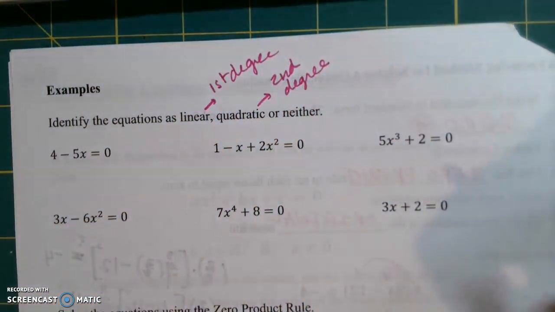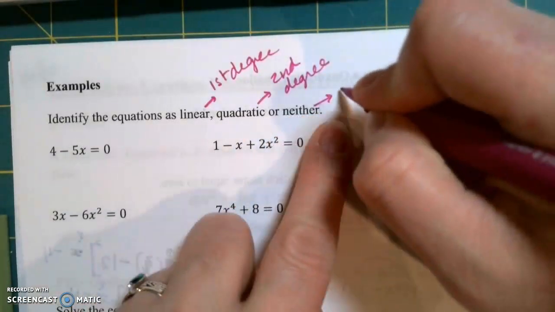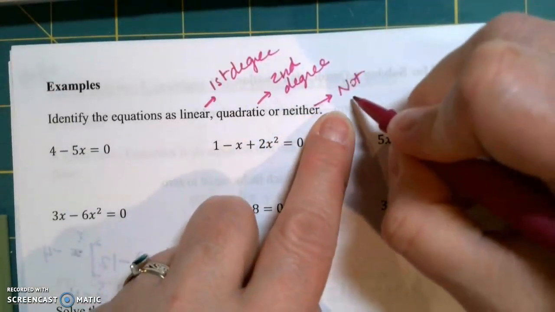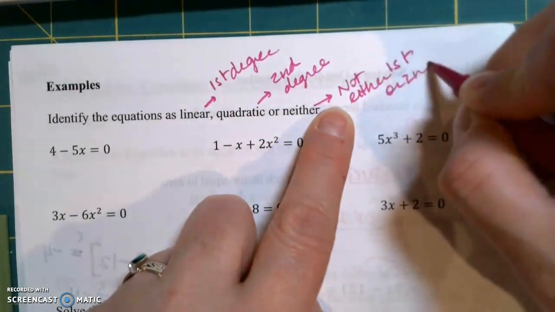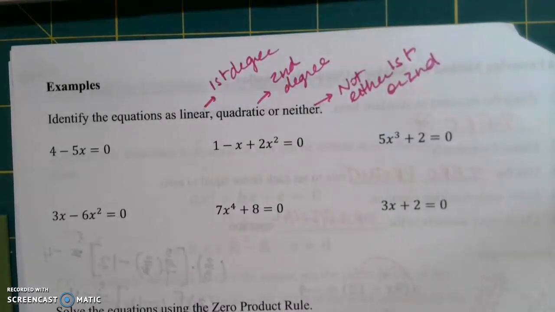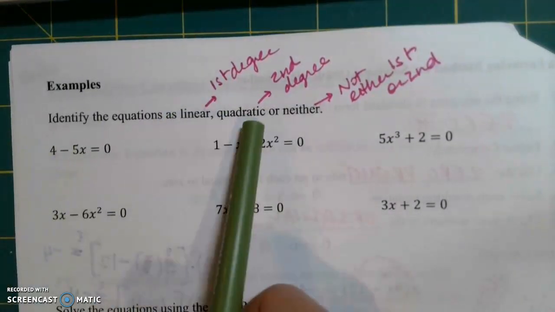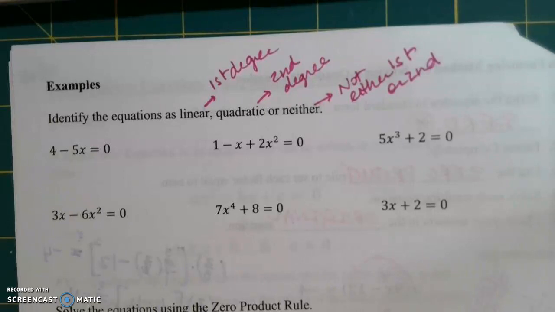So this is why it's really important for you to be able to identify what degree each of these equations will be. And for our purposes right now, neither is just, as long as it doesn't satisfy linear or quadratic, then it gets defaulted into the neither category.